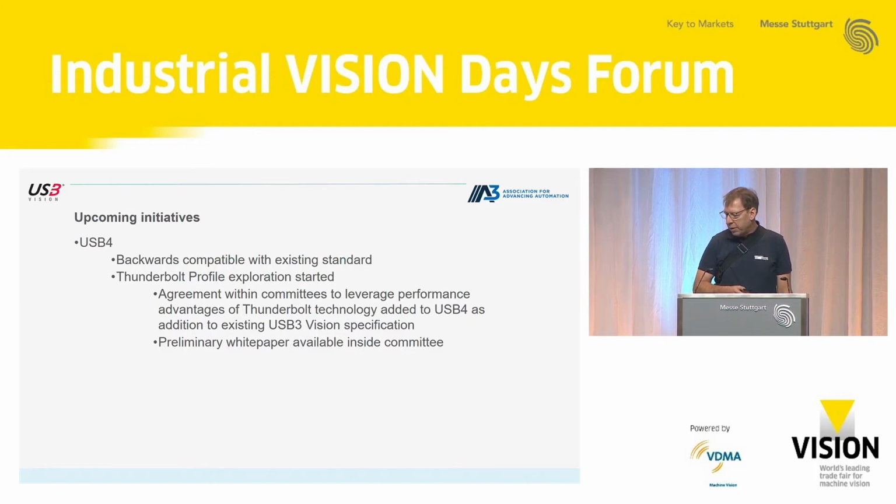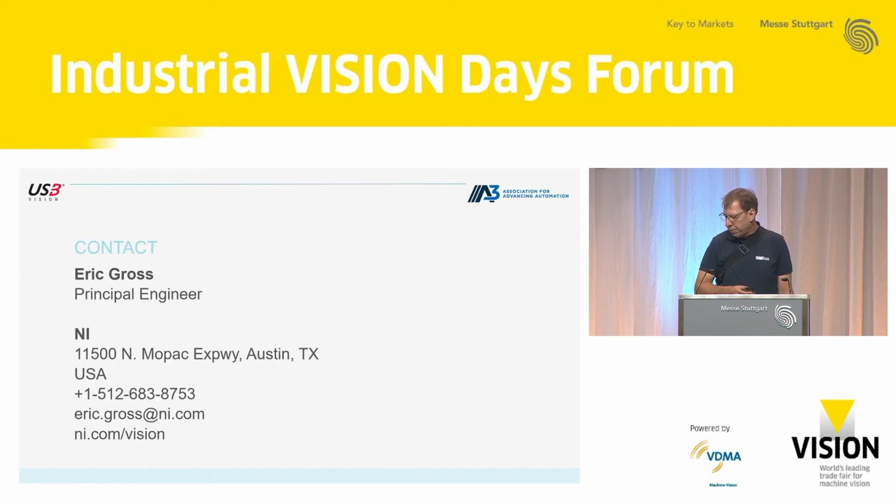The nice thing is that, of course, USB 3 cameras will also work on USB 4, but with the new protocol, we have new possibilities to do more advanced cameras and streaming schemes. Currently there exists a white paper inside the committee, and we are working actively on creating that standard. I think that's it.